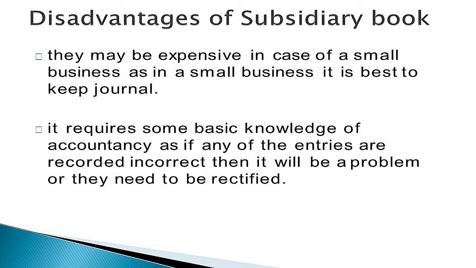Disadvantages: it may be expensive for a small trader because they have to maintain different books. It requires some basic knowledge of accountancy. Other people don't know how to maintain these subsidiary books. That's why specific knowledge like ours is required for the maintenance of these books.